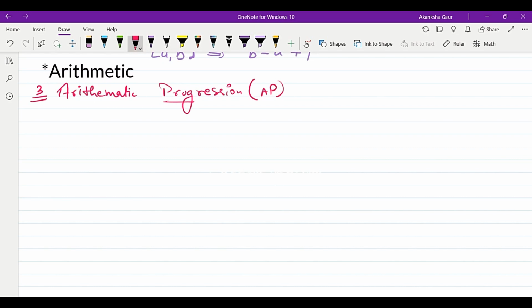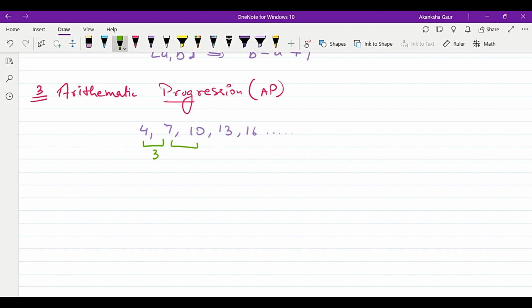This would be a series of numbers where any two consecutive numbers have the exact same difference. Let us understand with the help of an example. We have 4, 7, 10, 13, 16, and the series goes on. And then let us generalize this. So what is the difference between two consecutive items? Here, as you see, the difference is 3.